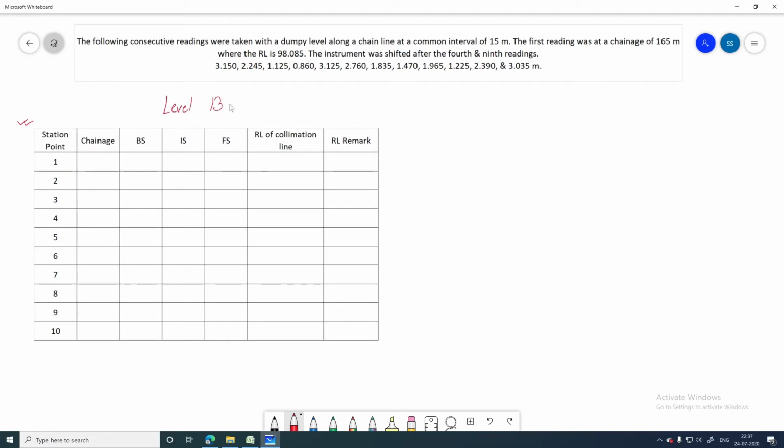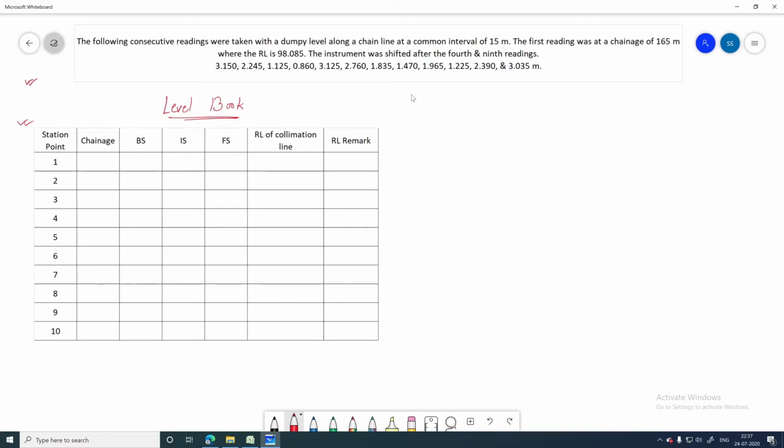So when you do the practical lab, you need to buy this book and we will collect some practical data and put it in this level book. But now I am showing a problem exactly like a practical one, and I will show you how to solve this.